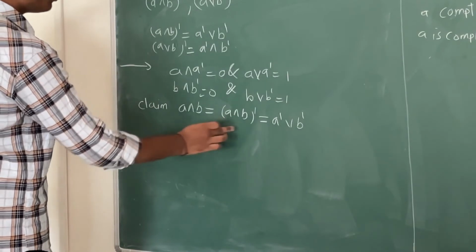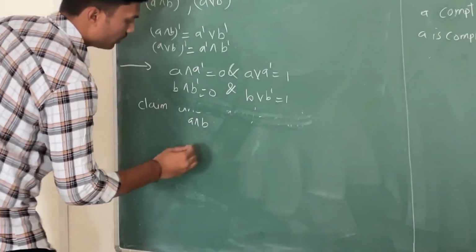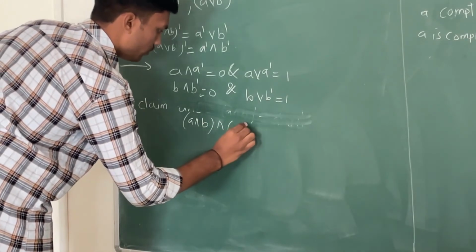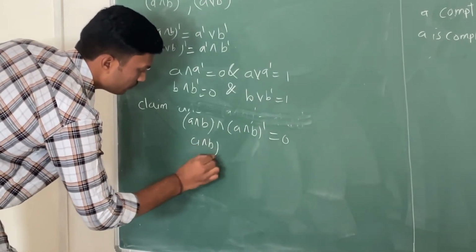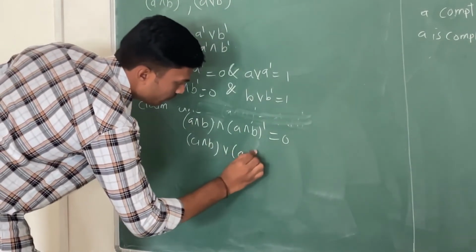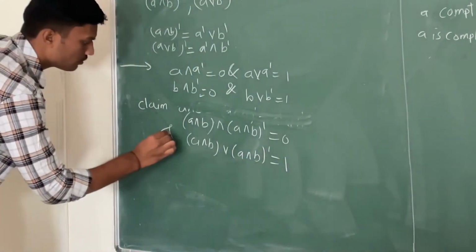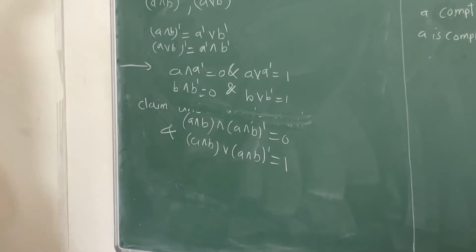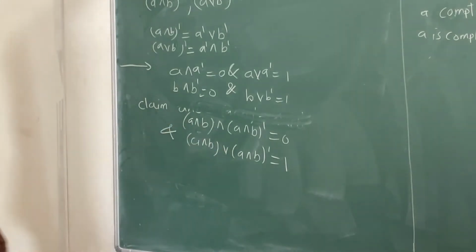We have to show that this is complement of this, that is A meet B. A meet B, complement means meet of A meet B with A meet B dash is equal to 0, and join of A meet B with A meet B dash is equal to 1. Both you have to show. Similarly, you can show for join also. No need to write that.